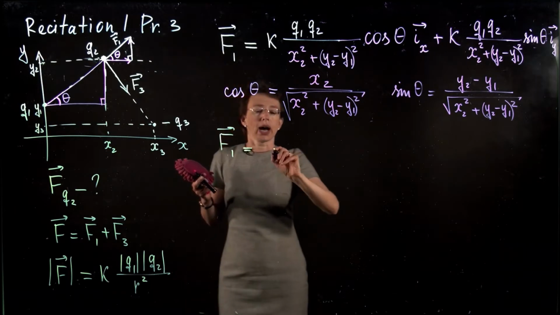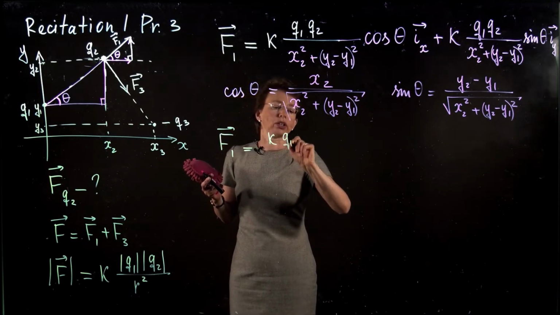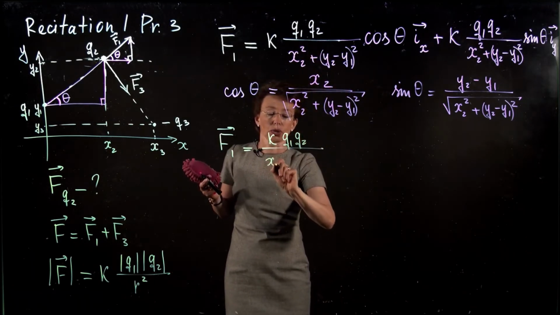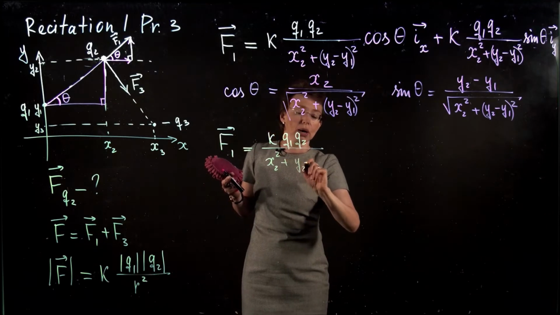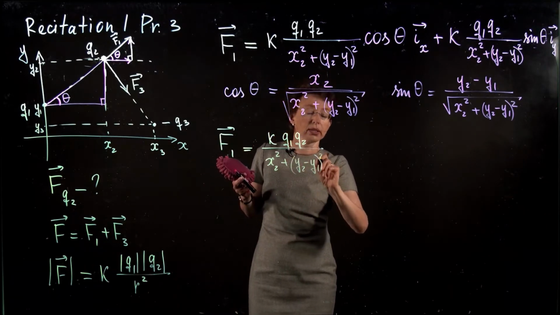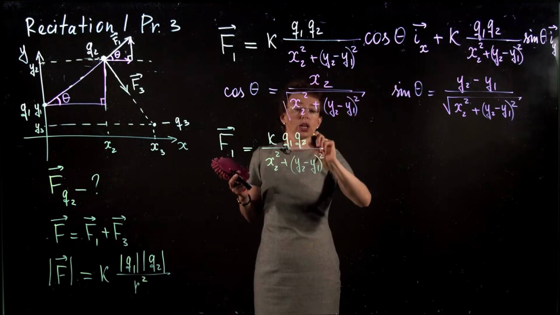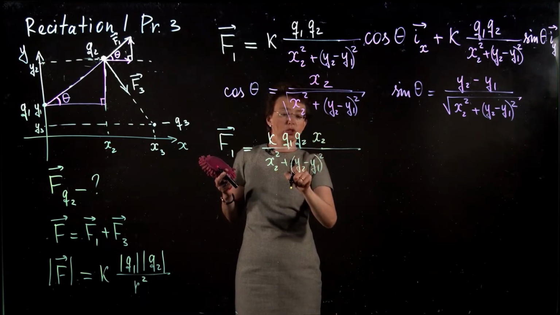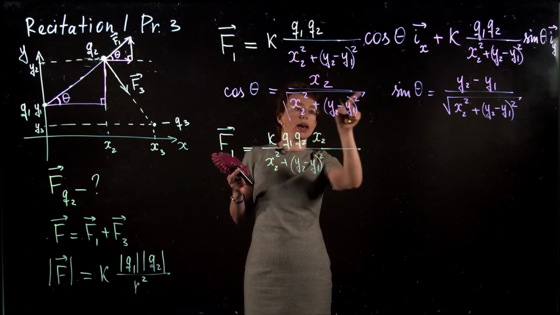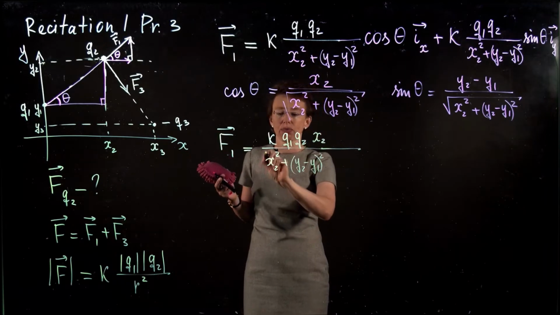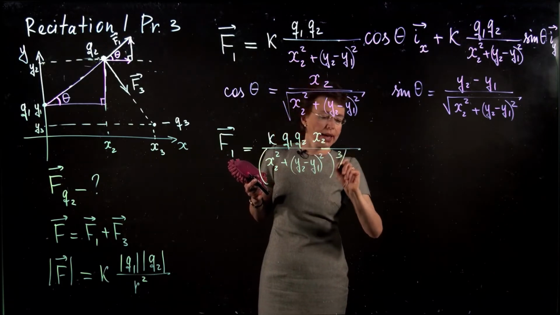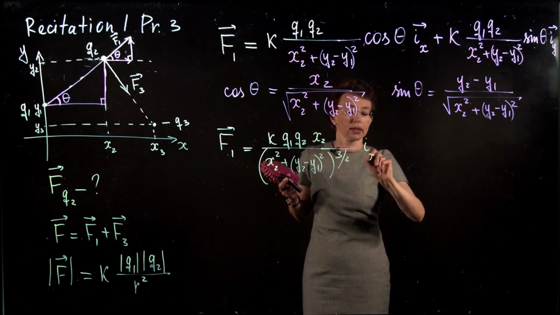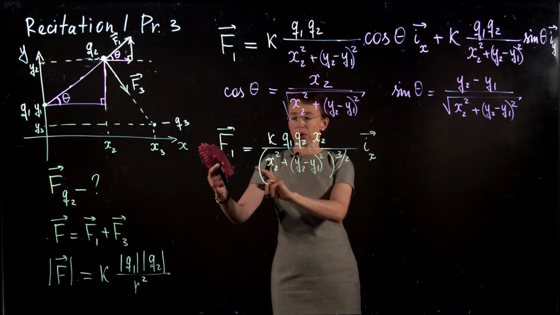I have K, Q1, Q2, divided by x2 squared plus y2 minus y1 squared, times cosine theta, which brings x2 in the numerator, and then the same expression that I already have here, to the power 1/2. 1 plus 1/2 is 3/2. This is F1x, the x component of F1.